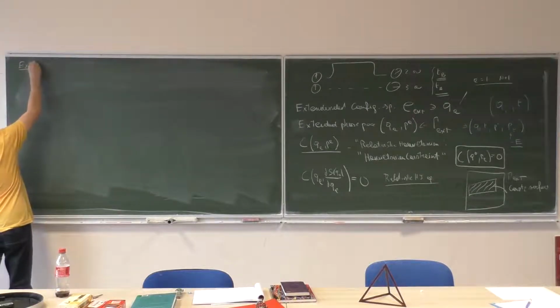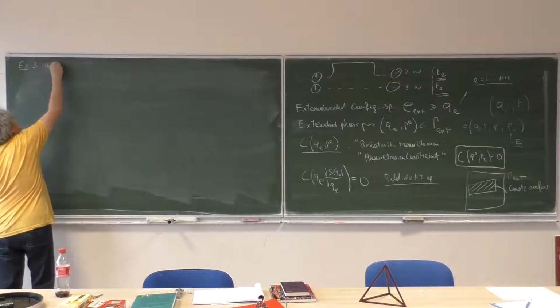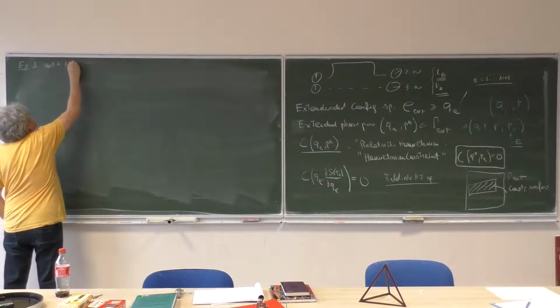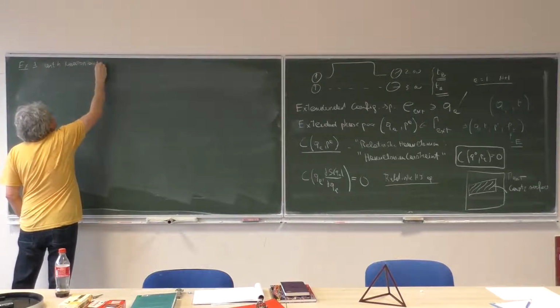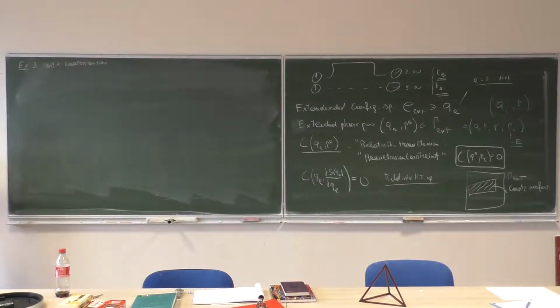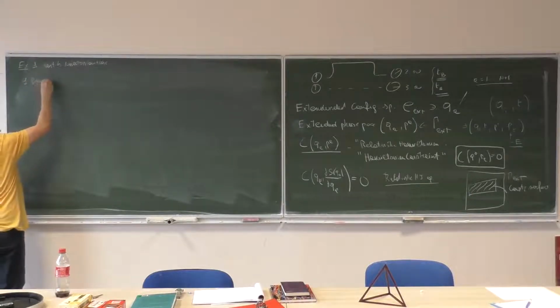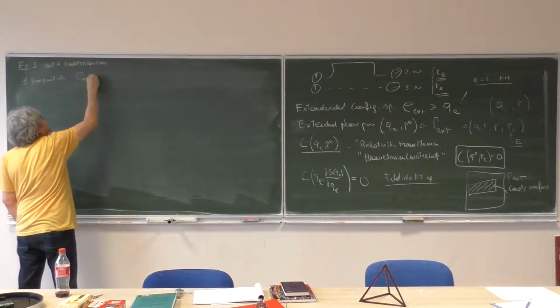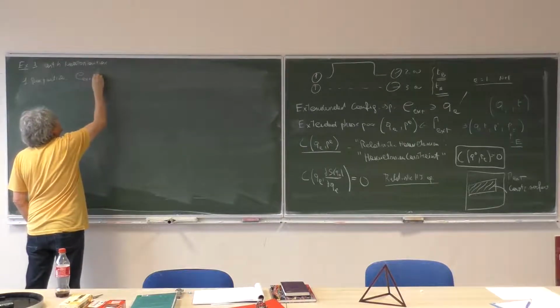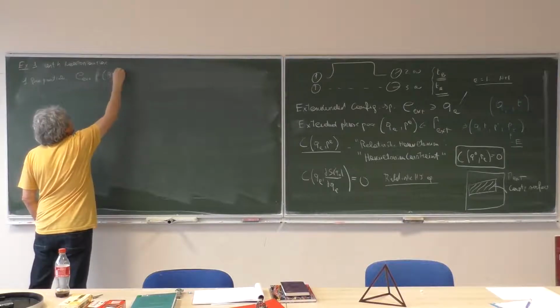So, example 1, with Newtonian time. The simplest possible example you can imagine is one free particle. The extended configuration space, you can call the variables position and time.